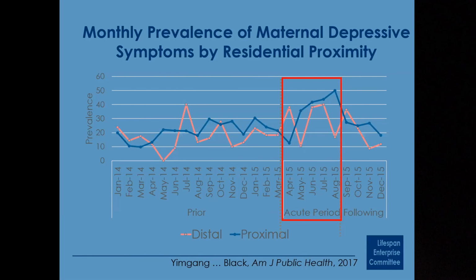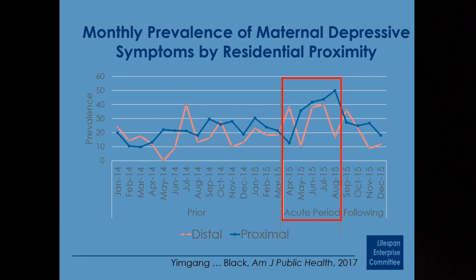And what we found is that the prevalence of maternal depressive symptoms in the communities varied by their proximity to the unrest. So in the blue line, you can see those who lived in an area proximal to the unrest, and in the pink line, they lived more distally.